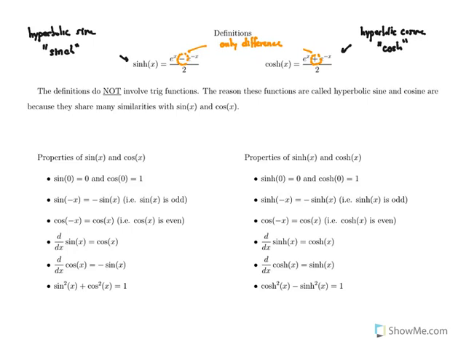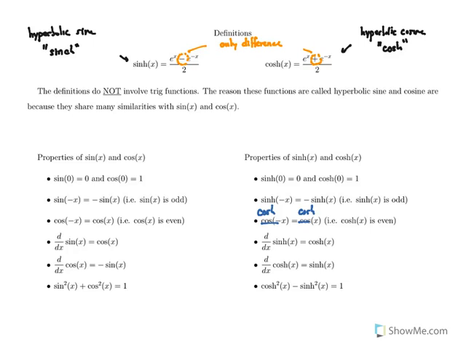Whereas cosine is an even function. That means if you plug in negative x, you just get the same function out, or cosine of x. And this is symmetric over the y-axis. And this is shared by cosh. This should be hyperbolic cosine here, as cosh is an even function.